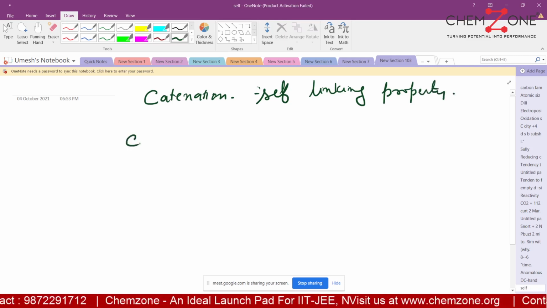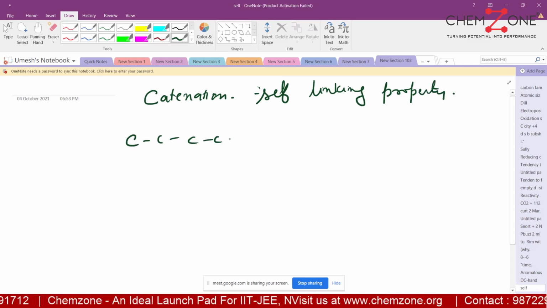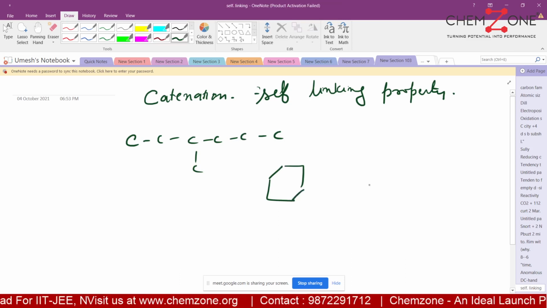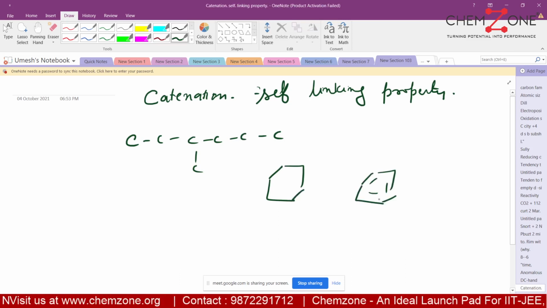Carbon can make bonds with itself, the same type of carbon bonds. It can be a long chain or a branched chain. It can be cyclic, like a benzene ring.